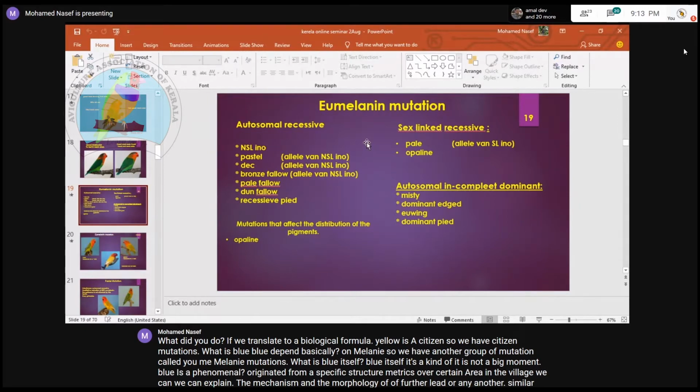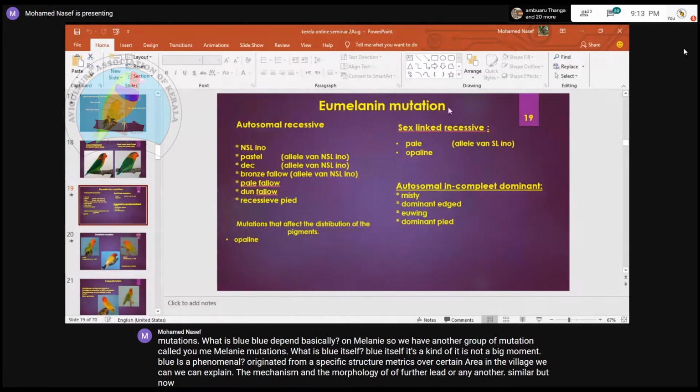But now we are talking about a species, so let's talk about the mutations which affect this species.